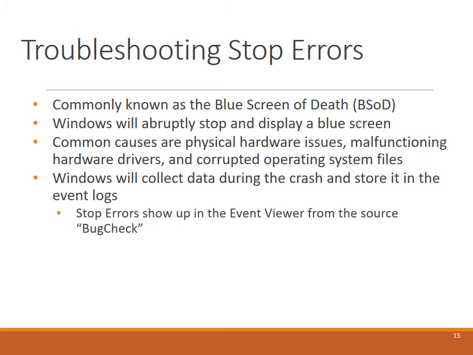That blue screen will have a whole bunch of text on it, and that text has varying degrees of usability. Most often what you want to grab while that information is up on your screen is the hex code. So you'll see a code that looks like 0x000AE0100 or something like that. And then you can use that hex code to figure out exactly why the blue screen was happening.